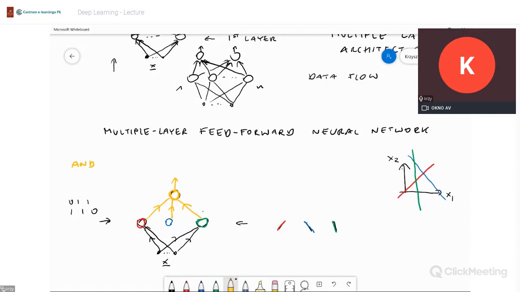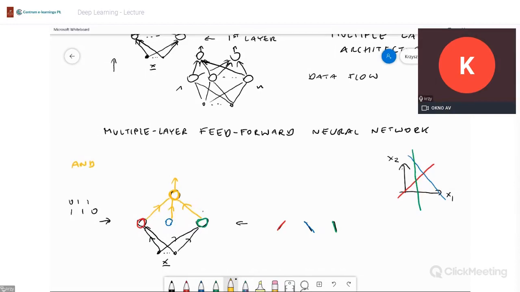AND means that I am trying to determine what is a common part of the outputs produced by neurons of the first layer, because these outputs are responses that appropriately split a space. AND means I'm trying to see what is an intersection.